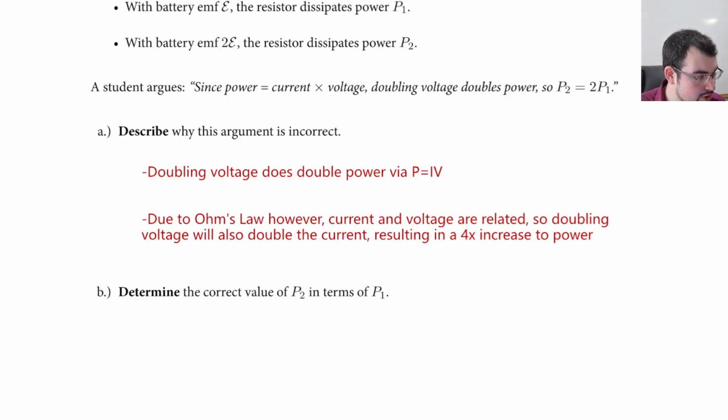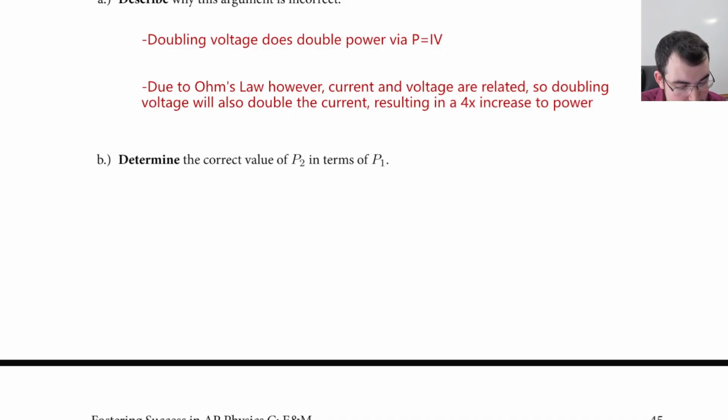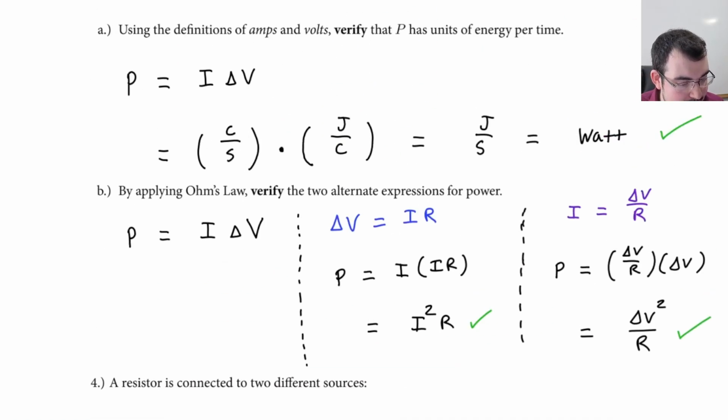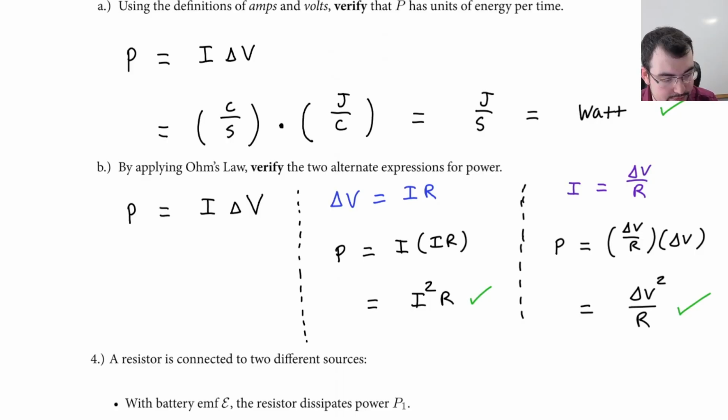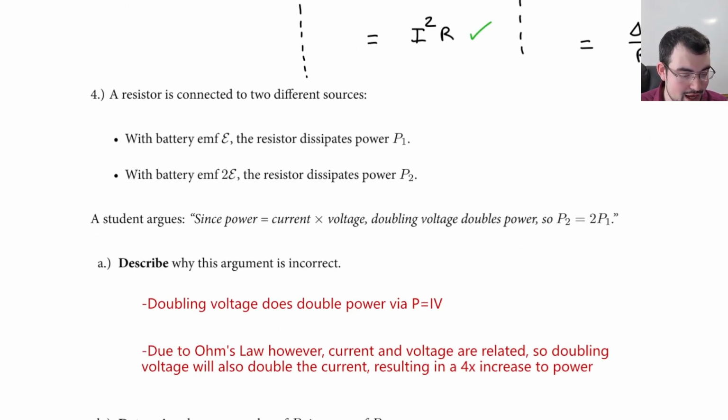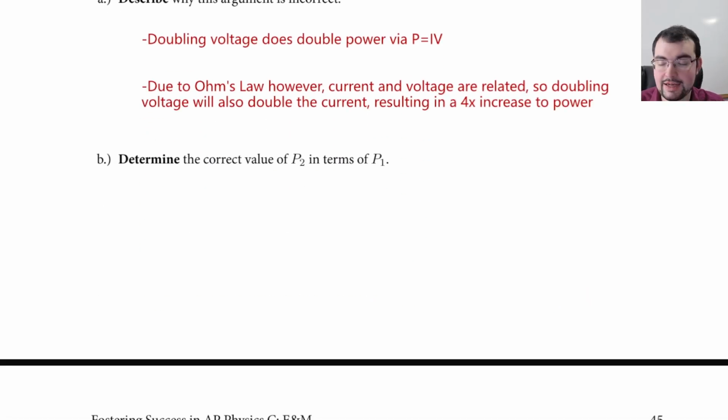And how could you see that more directly? Well, we could see that more directly by actually cutting out the current, because we're just talking about power and voltage, and it's the same resistance.